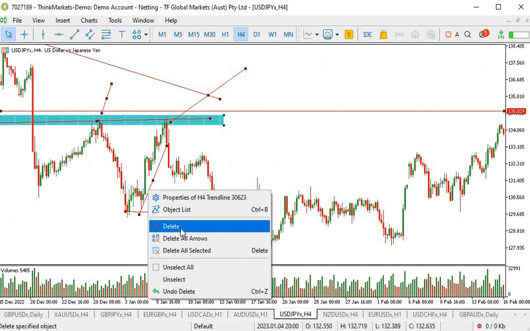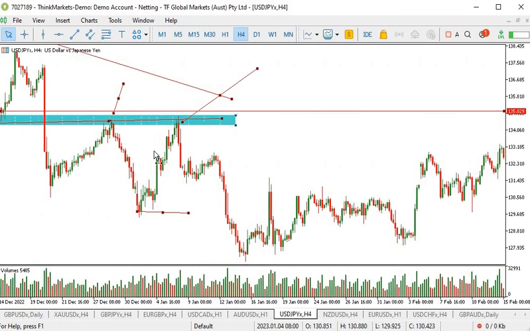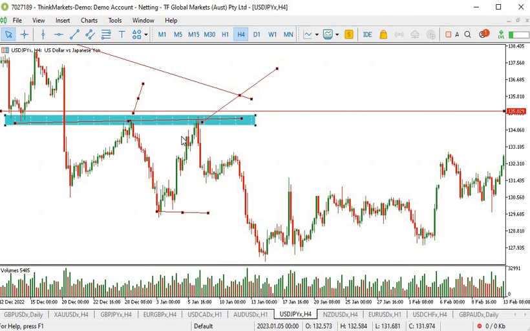So we can see here we have 1:2. The risk is 1%, which according to the $10,000 account is $100, and here we are gaining $200 as a reward if the market moves in our direction.